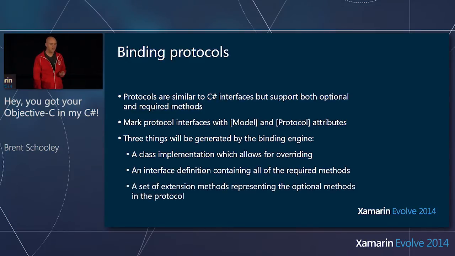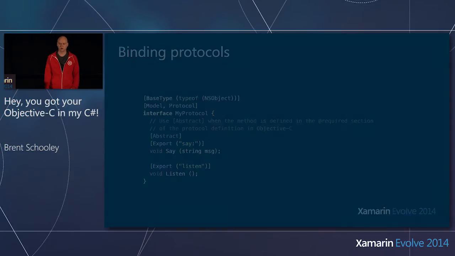But they also have a set of extension methods that get spit out. These are the optional methods in the protocol. So this gives you complete coverage with basically a very similar approach to using them, as you'll see if you look at Objective-C code that uses protocols. So it can make it easier to go back and forth between looking at how things are described in some Objective-C documentation and how you might use it in Xamarin with the generated protocol.